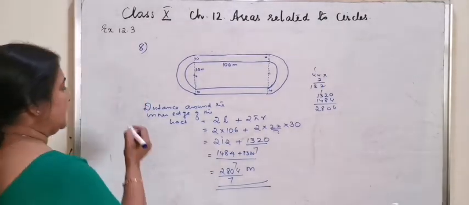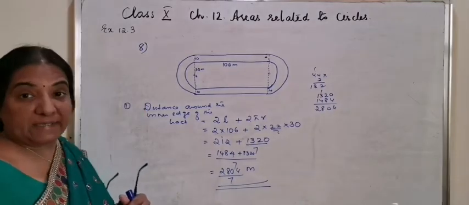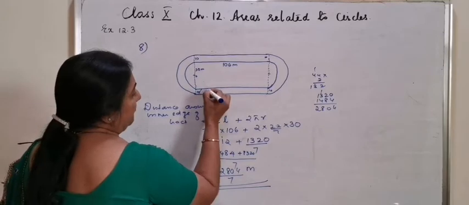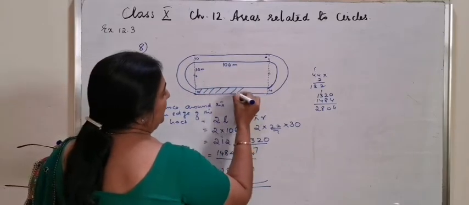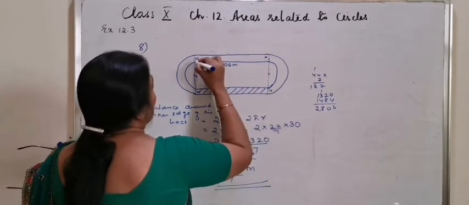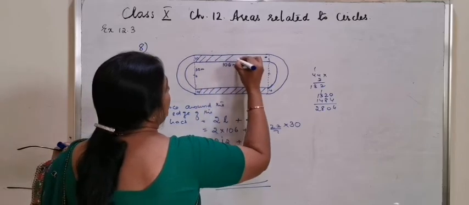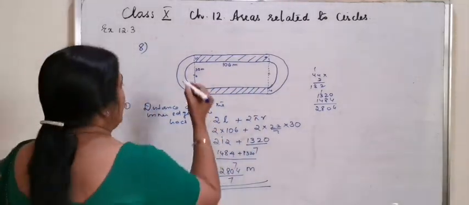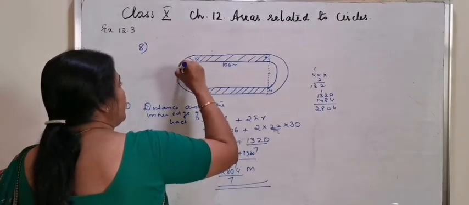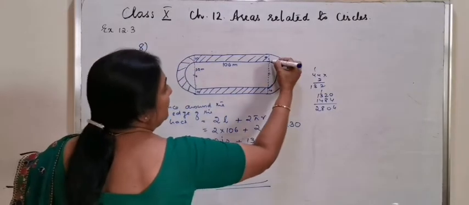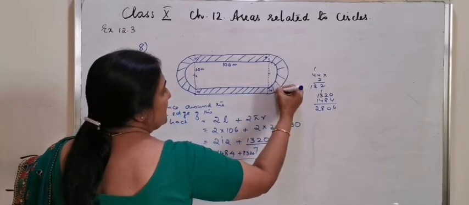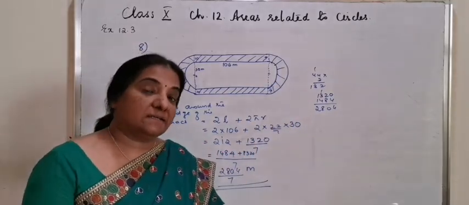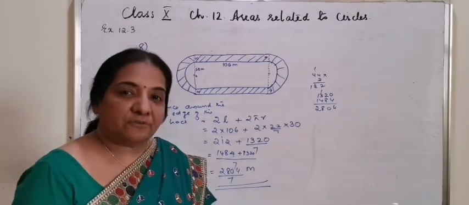And now the second part of the question is to find the area of the track. Let's find out the area of the rectangular portion and then area of a ring. You can see when those two portions are combined, it will take the formula for area of a ring.